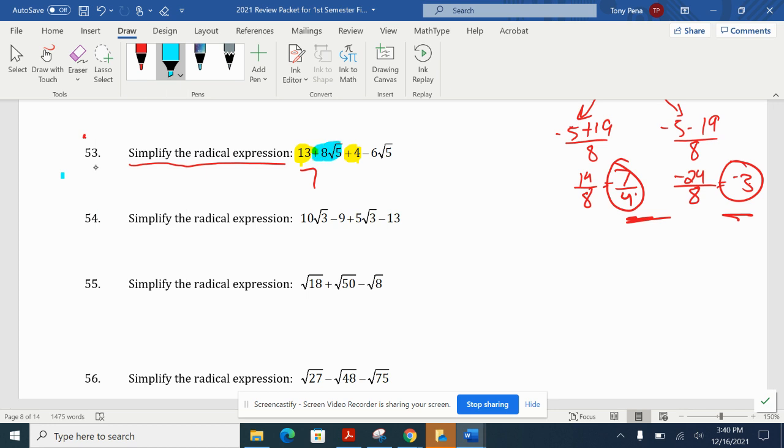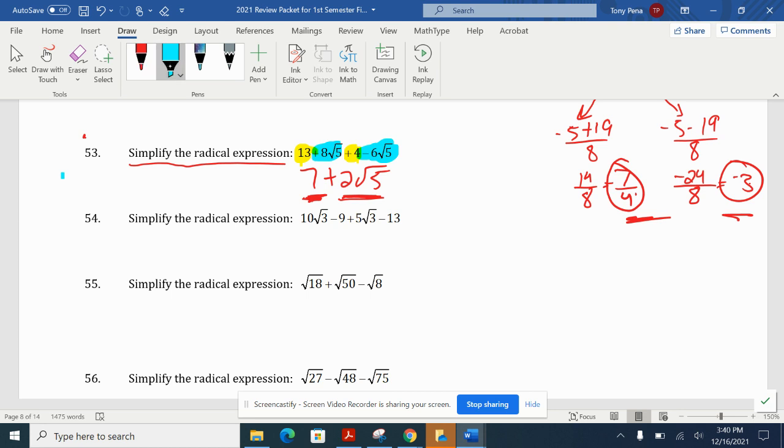So I can take this 8 root 5 and this negative 6 root 5, combine those, and I end up with a positive 2 root 5. And then that's it. Cannot combine those. They're both constants, but this is our number without the root 5. In order to add them, they'd have to have the same radical attached to them, and they do not.